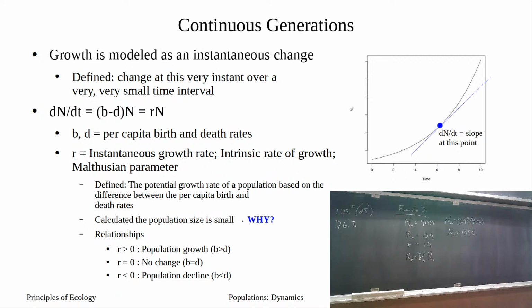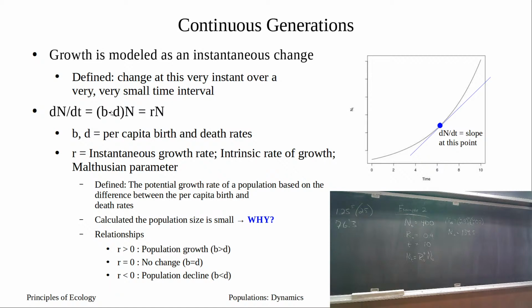Our equations are going to change. So first, we're going to say, what is that population growth rate at that specific time point? So that dN over dt is going to be affected by our population size at that time point and both births and deaths that occur at that time point.